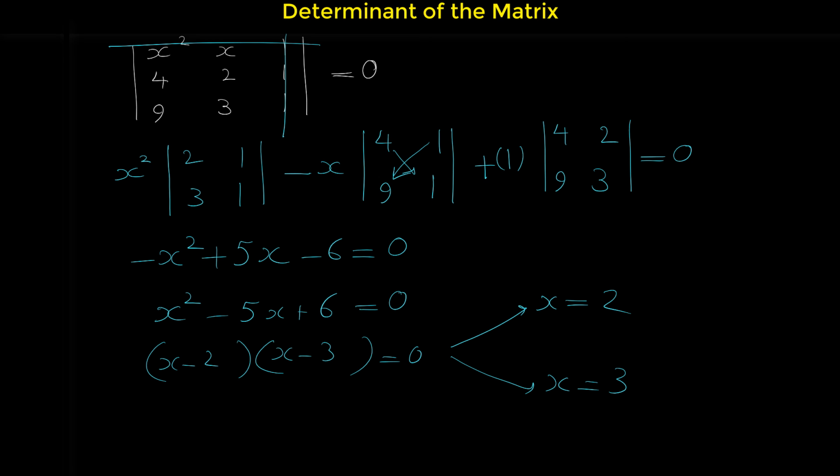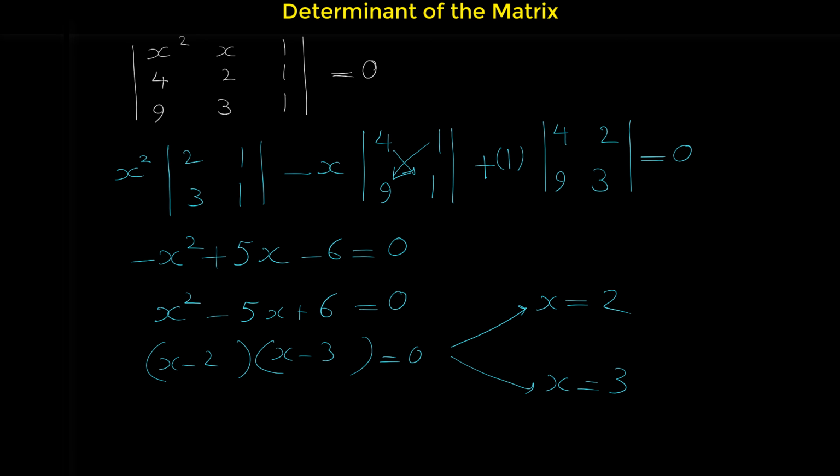These are the two values that if we replace here instead of x, the determinant of this matrix equals 0. There is a different method for finding these values, but this is not the topic of this video. I hope by watching this video you have learned how to find the determinant of 2 by 2 and 3 by 3 matrices.